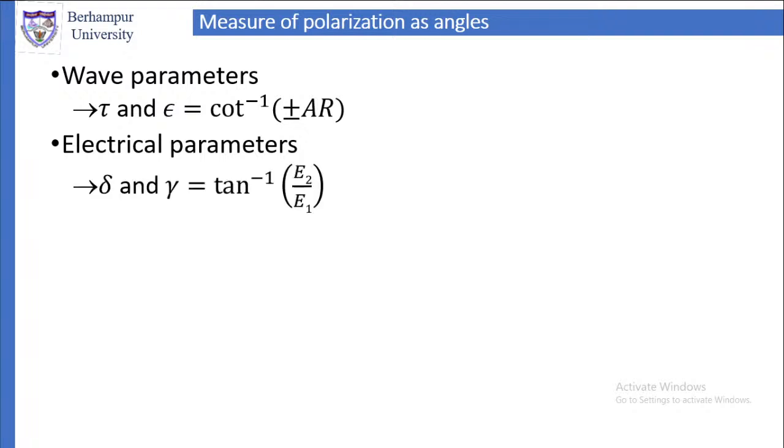So we have delta and gamma, where gamma is equal to tan inverse E2 by E1. So this is how we can measure the polarization in terms of angles. For wave parameters, the angles are tau and epsilon. For electrical parameters, the angles are delta and gamma.